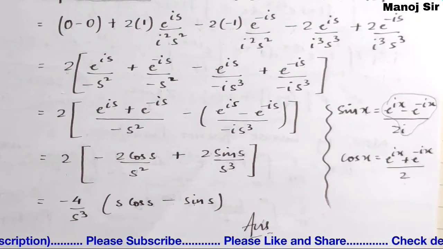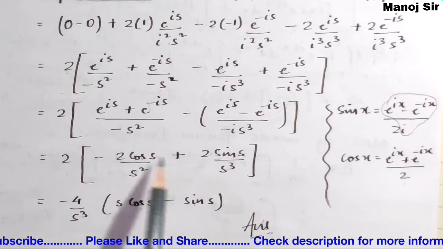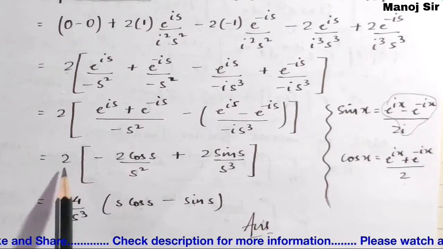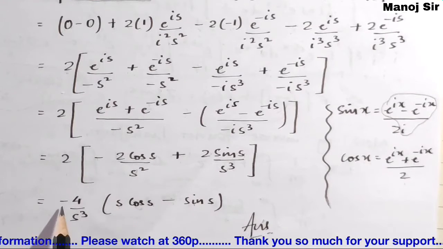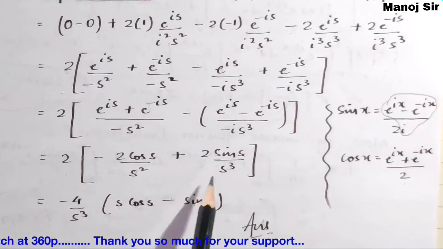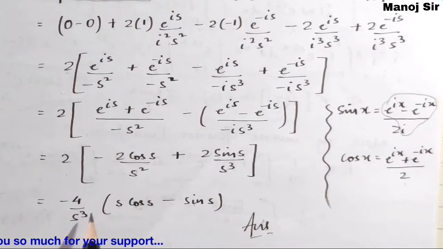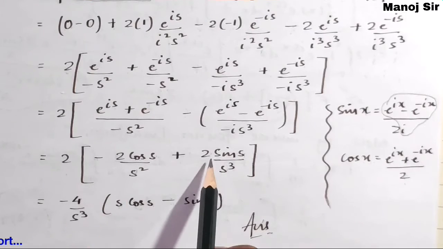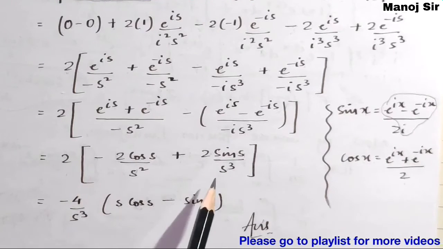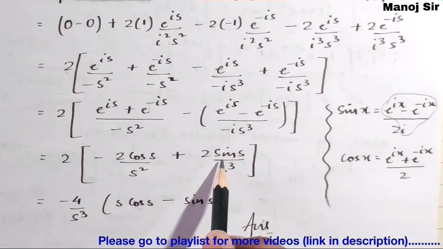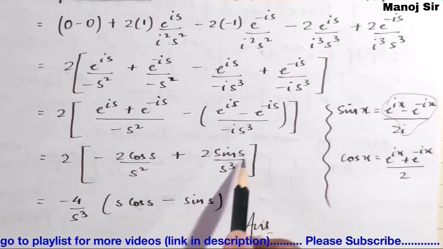Now you can take 2 common here, so we have 2 into 2, that is 4. Now if you take negative common, we have minus 4 upon s cubed common. We have already taken 2 common and s cubed common, so here we have sin s.